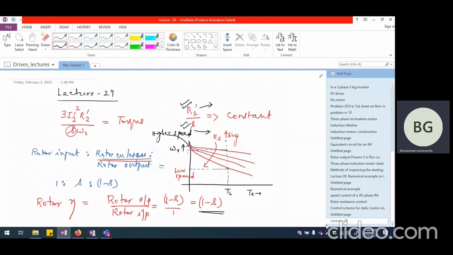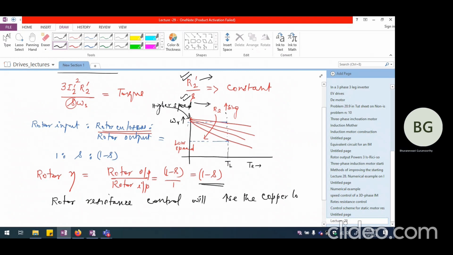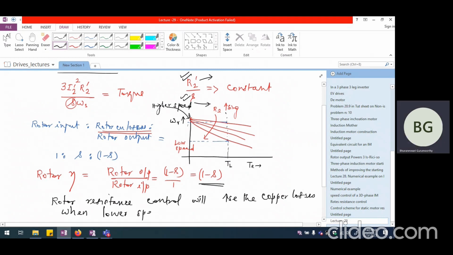So that is the reason why rotor resistance control is not a preferred method, because rotor resistance control will increase the copper losses when lower speed operation is required.